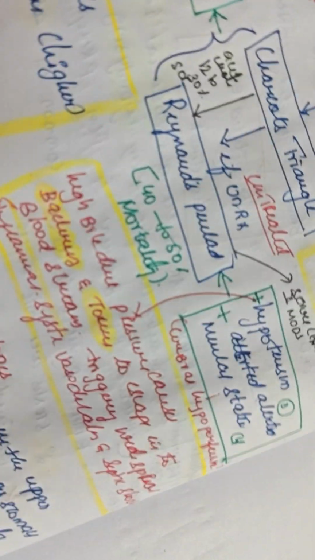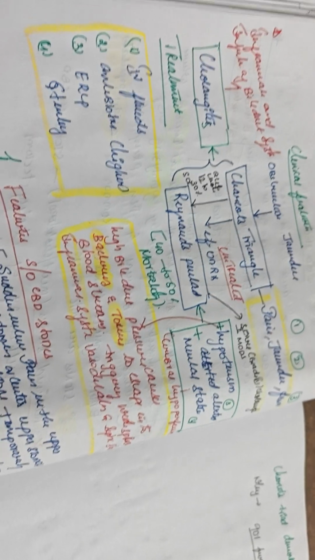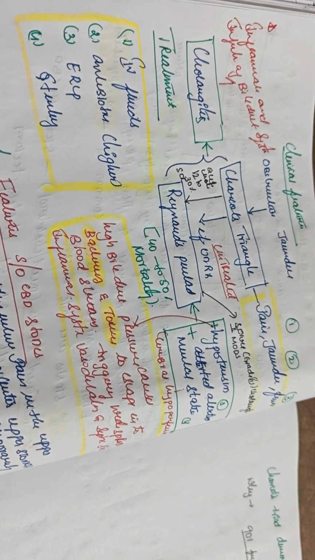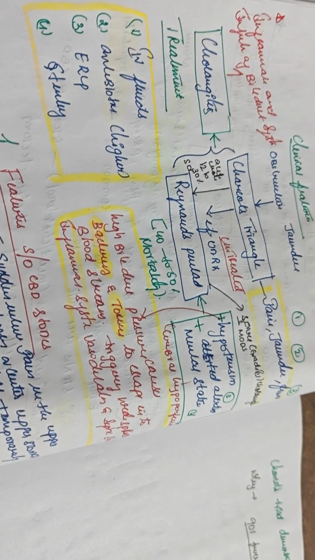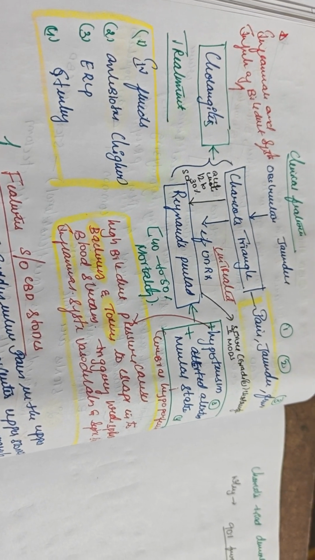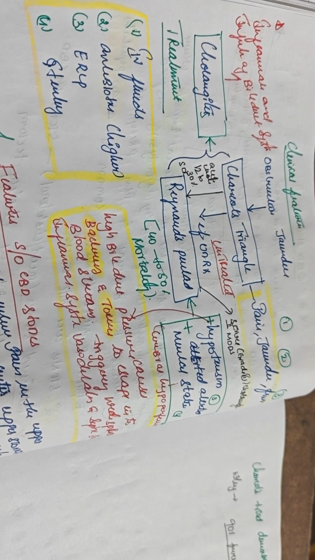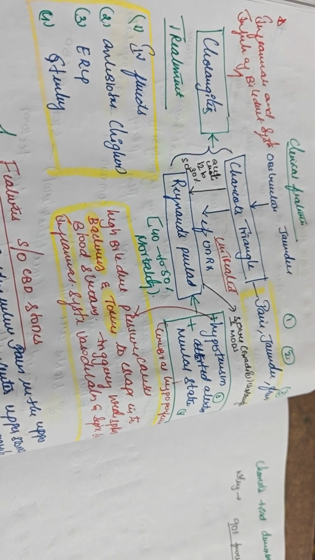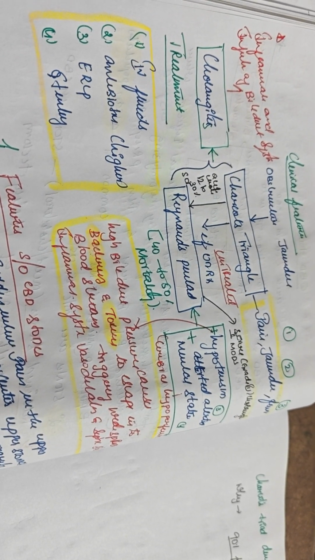Now let us understand the clinical features of these common bile duct CBD stones. Now there is an obstruction, right? There is a stone in the CBD. So the conjugated bilirubin, which is formed, right, not able to move into the second part of the duodenum.